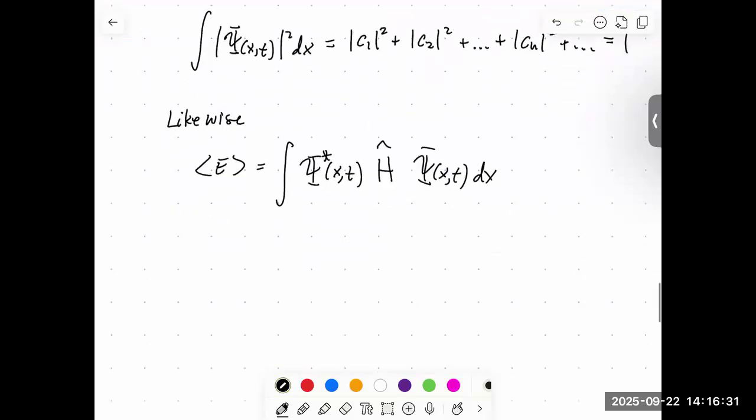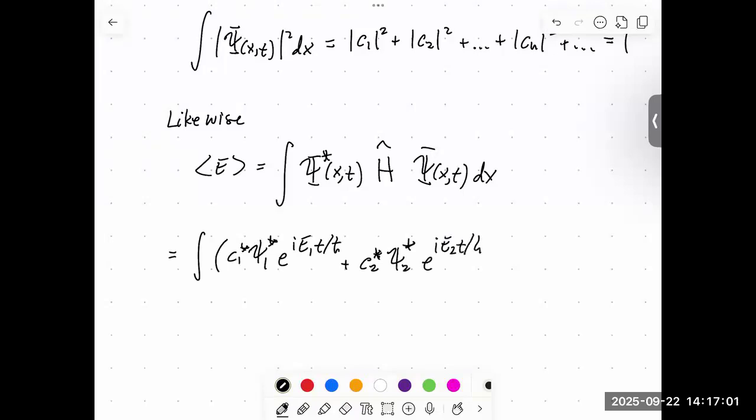Let's just write out some terms. So it's the integral of psi 1 star e to the i E1 t over h bar, C2 star psi 2 star e to the i E2 t over h bar, plus and so on, Cn star psi n star e to the plus i En t over h bar.